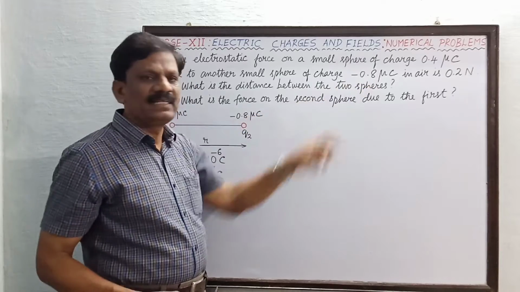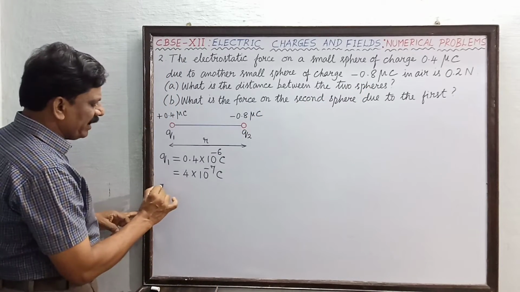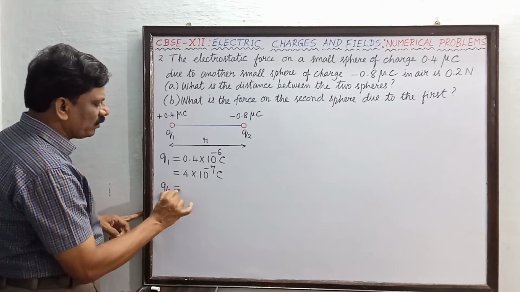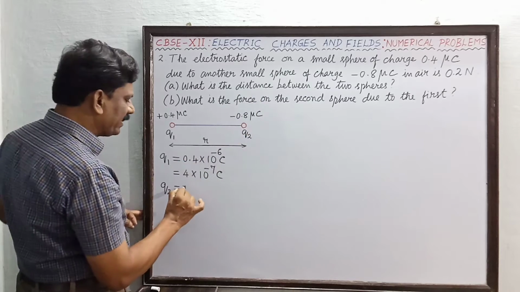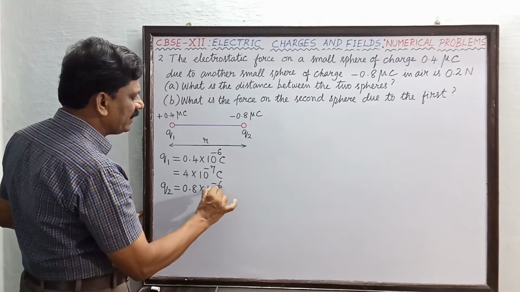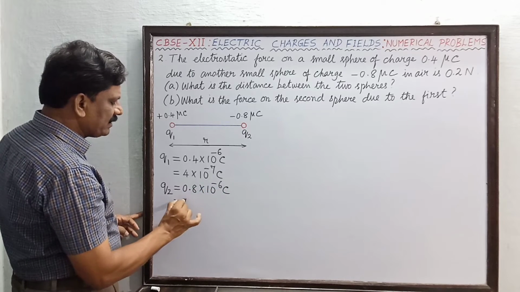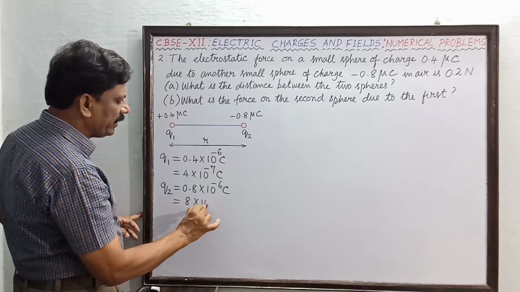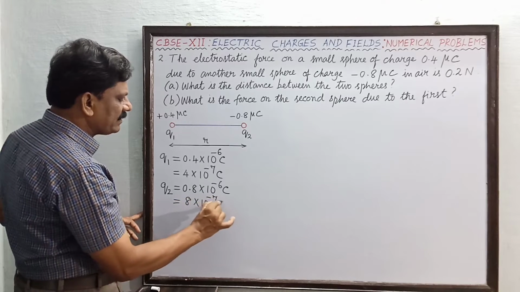Similarly, the second charge is a negative charge and I will write only its magnitude, without the negative sign. So 0.8 into 10 to the power of minus 6 coulomb. So this also can be written as 8 into 10 to the power of minus 7 coulomb.